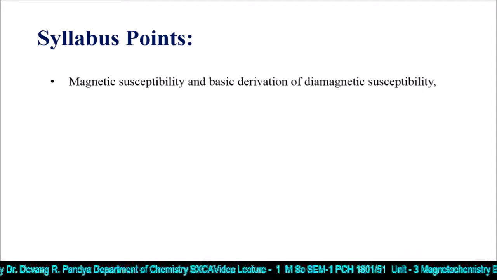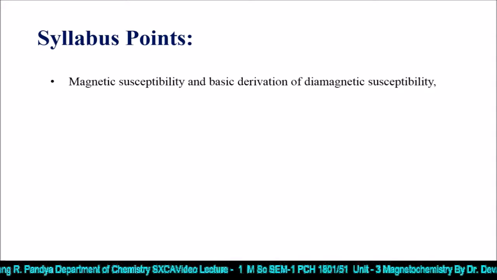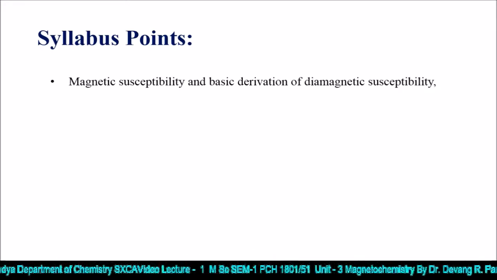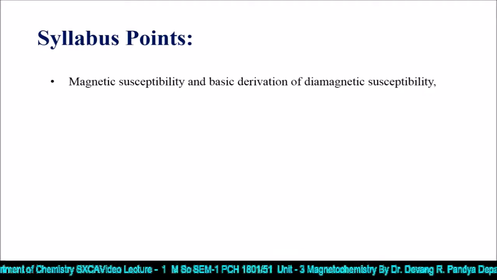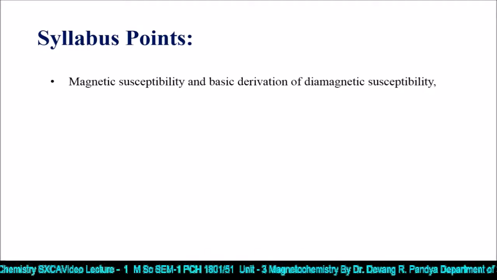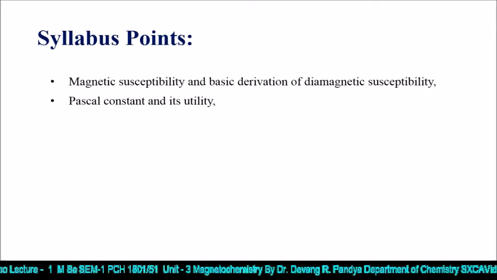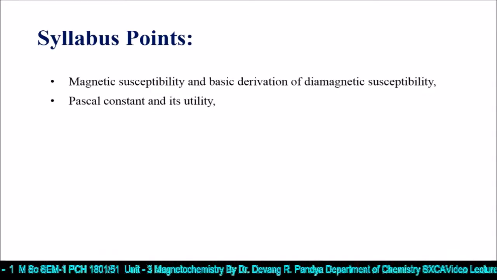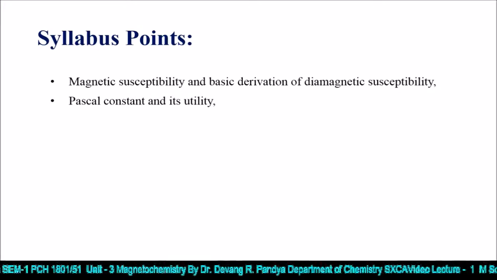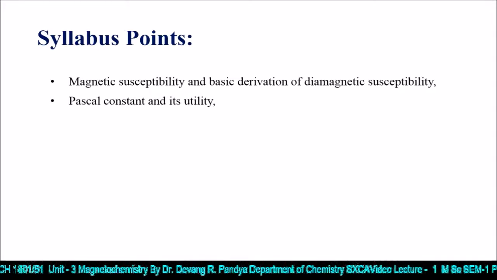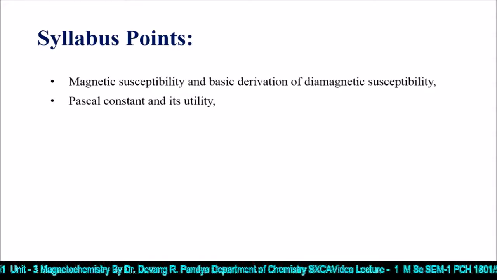Those terms we will discuss first, and then we will discuss the magnetic susceptibility and basic derivation of diamagnetic susceptibility. Next, we need to discuss Pascal constant and its utility. So these two points we are trying to cover in this lecture.